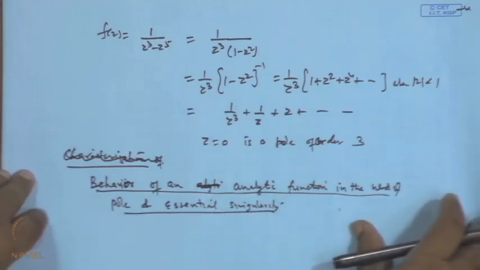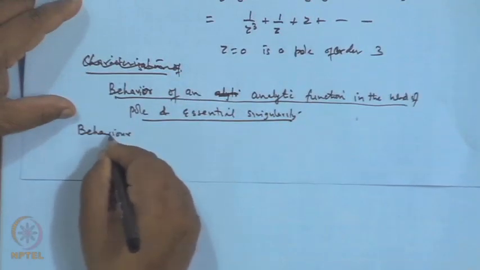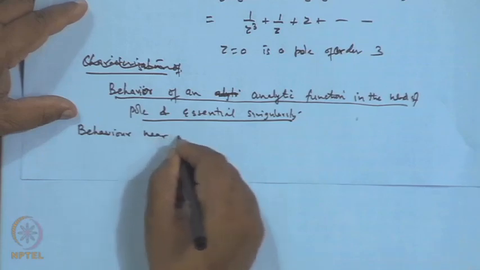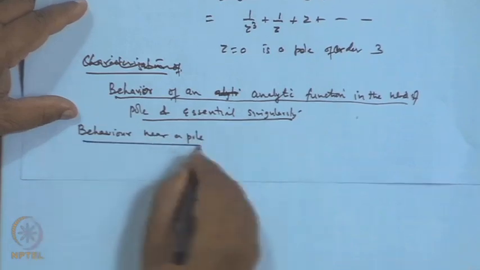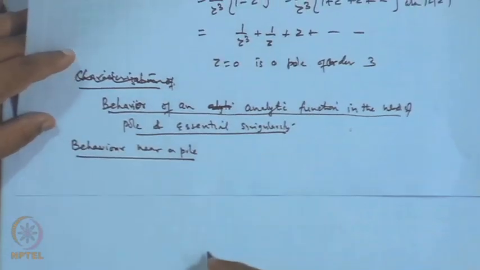First, we have the behavior near a pole.